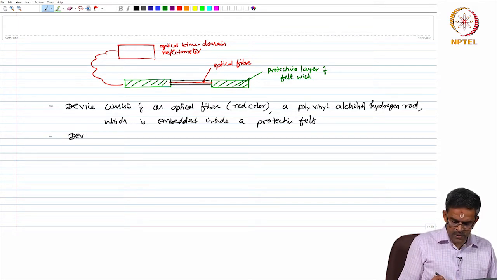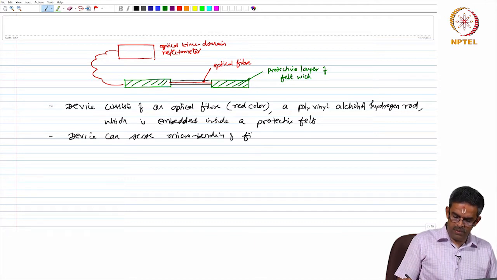The device can sense the micro bending of fibers.